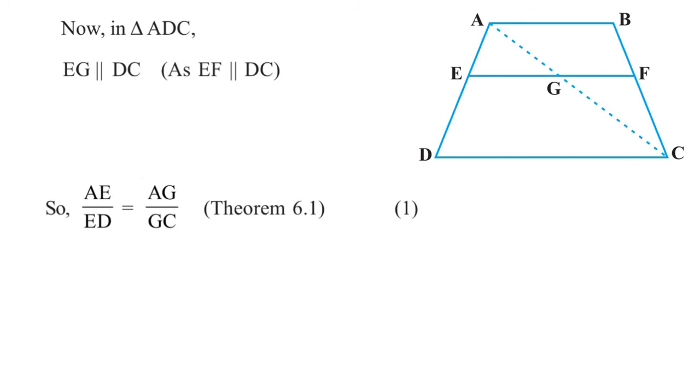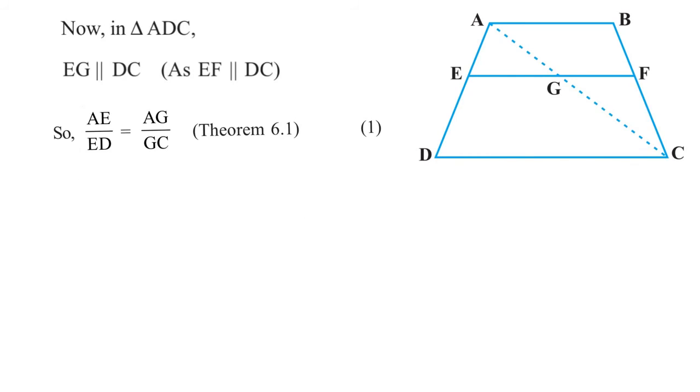Now let's move further. Similarly, if we consider triangle CAB, can I say CG over AG is equal to CF over BF according to theorem 6.1?